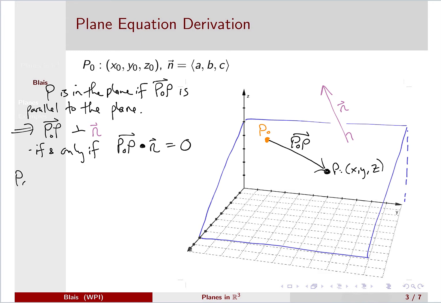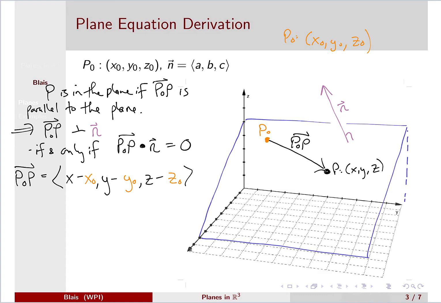The vector P0P will be the vector starting at the point P0 and ending at P. So we take the respective coordinates of P and subtract the respective coordinates of P naught. Remember P naught had coordinates x naught, y naught, z naught. So the first entry in this vector is x minus x naught, then y minus y naught, and finally z minus z naught.